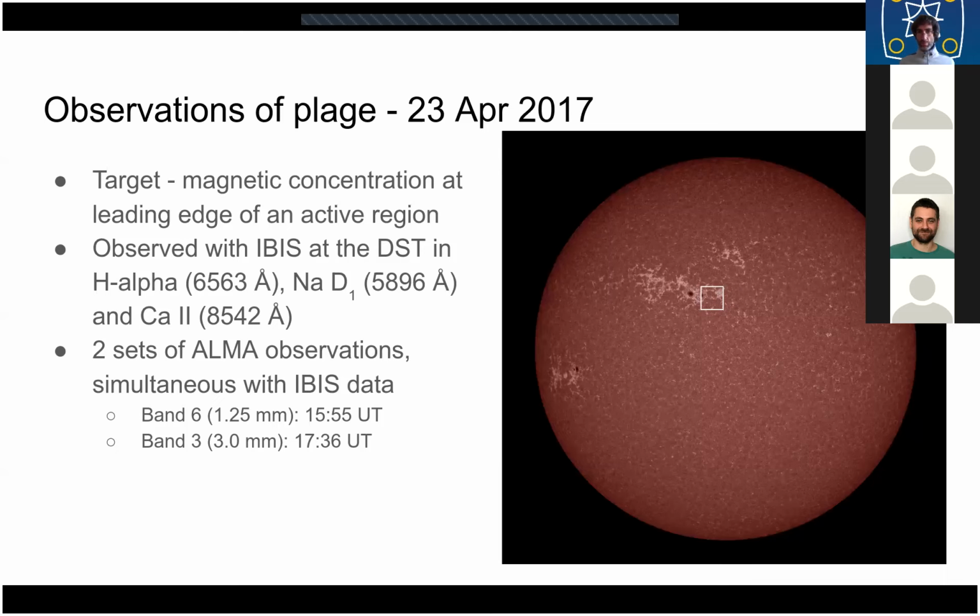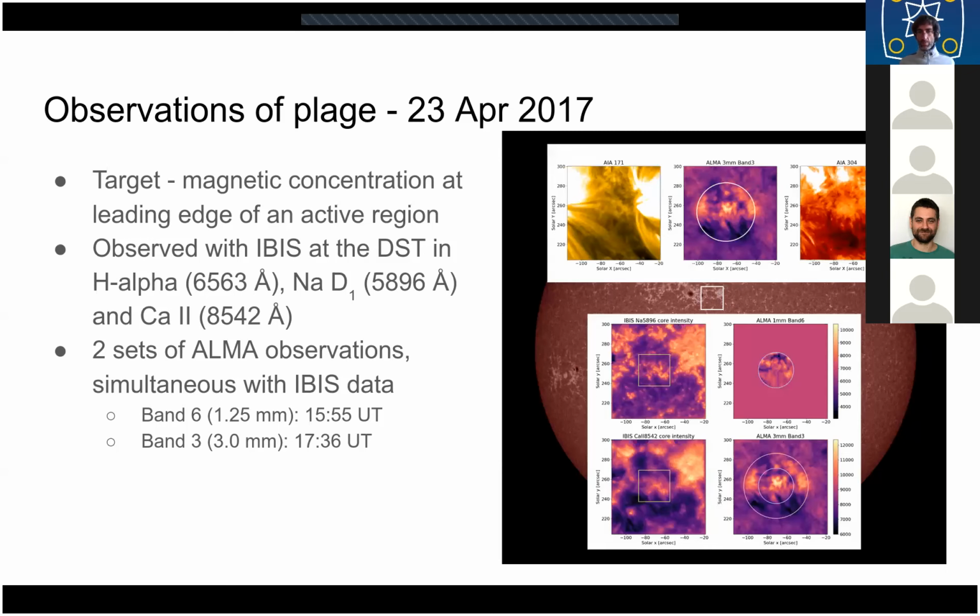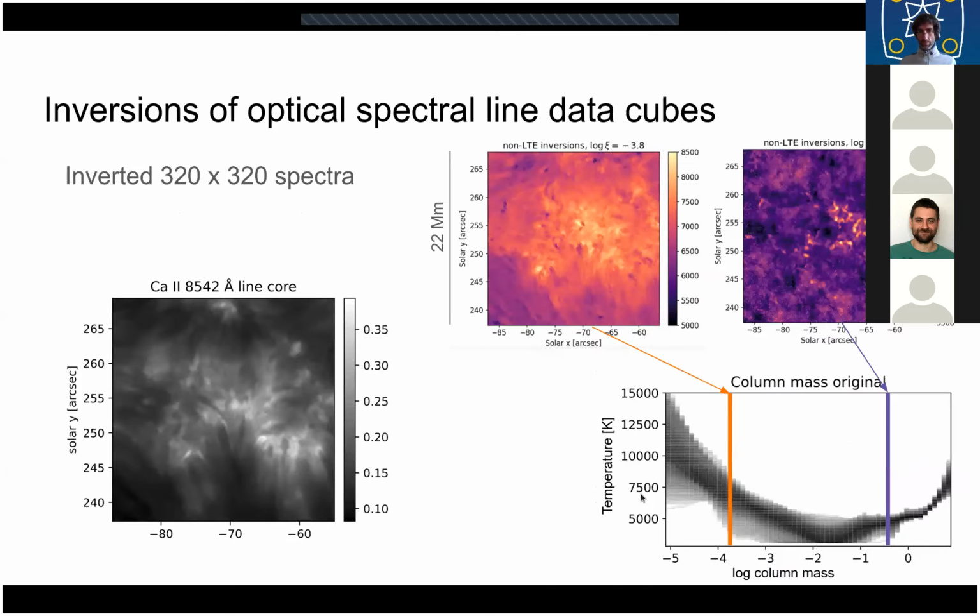So this was a set of coordinated observations between IBIS at the Dunn Solar Telescope and ALMA. This is just zooming in to that region. We have the AIA images here, the ALMA images, and the sodium and calcium line cores.